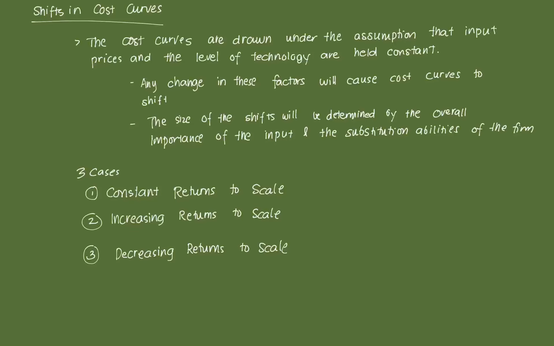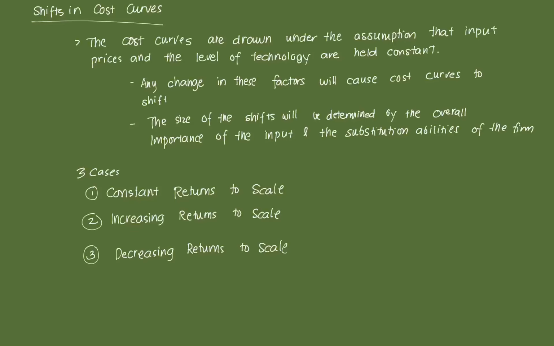The magnitude or size of these shifts will be determined by the importance of an input and the substitution abilities of the firm. That happens when there's a change in the level of technology and input prices. But in this case, we're going to assume that they're held constant.